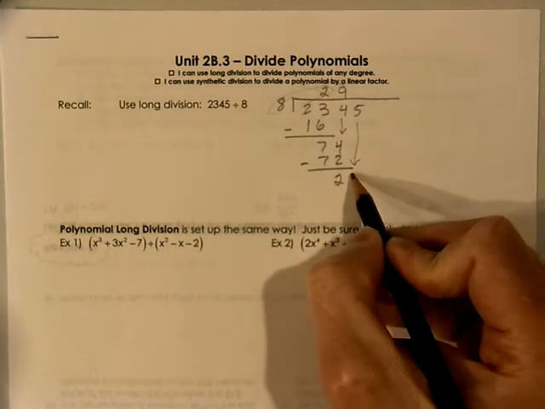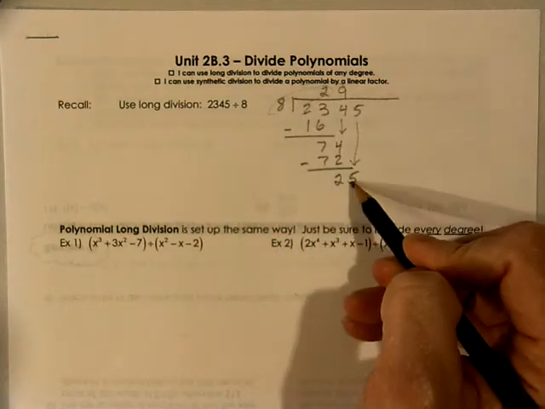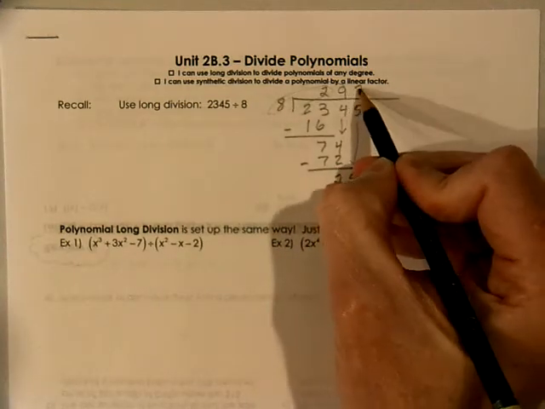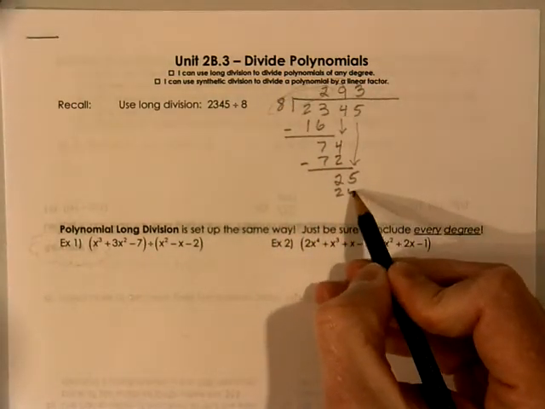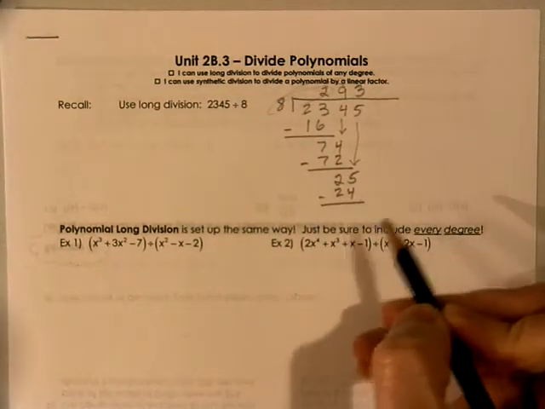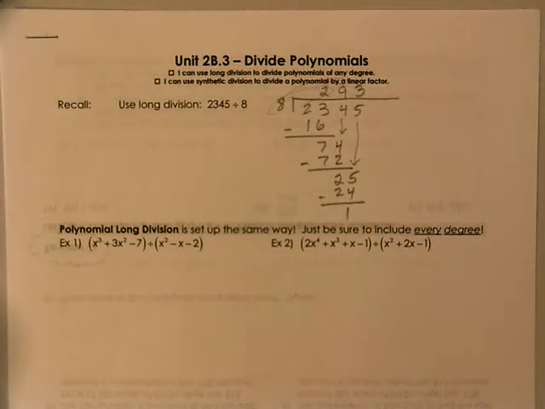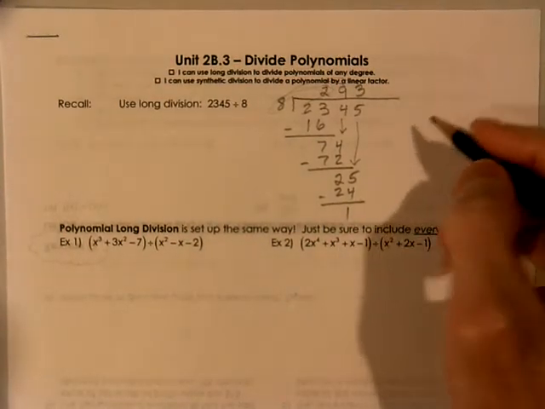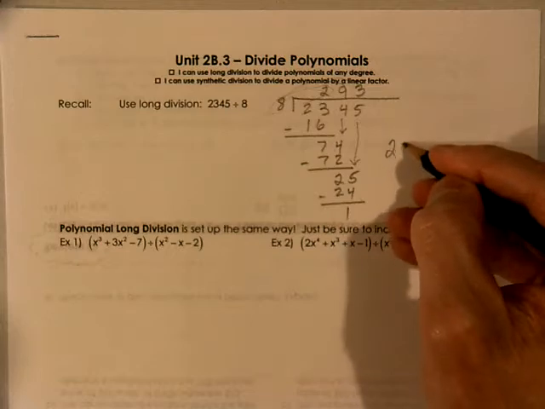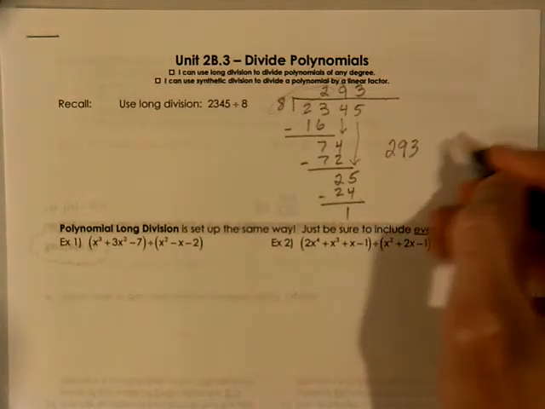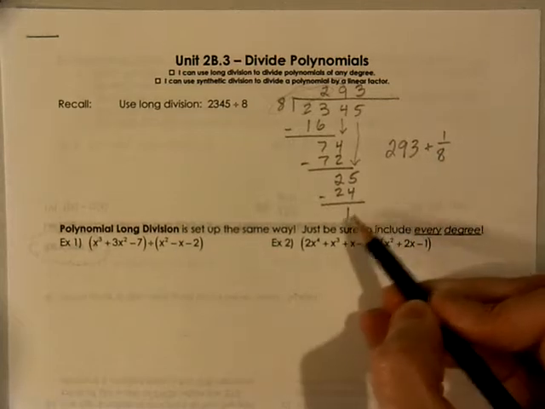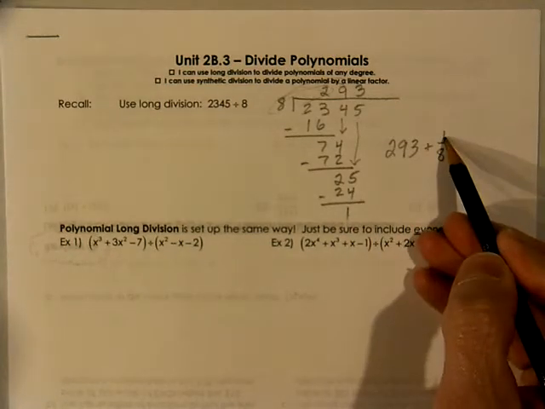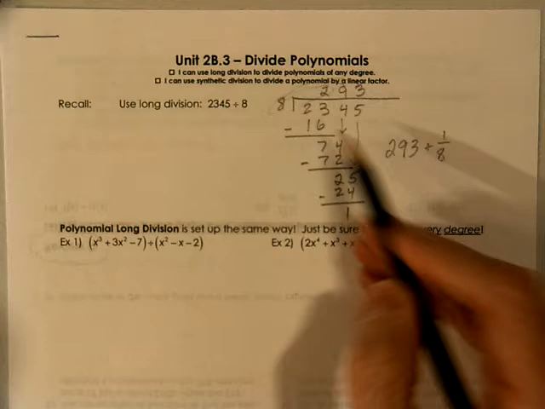Bring down your number. 8 goes into 25 3 times. Multiply to figure out what goes in here. Subtract, and we get 1. So the way we're going to write our quotient is to say 293 plus 1/8. The 1 is the remainder, and the 8 is our divisor.